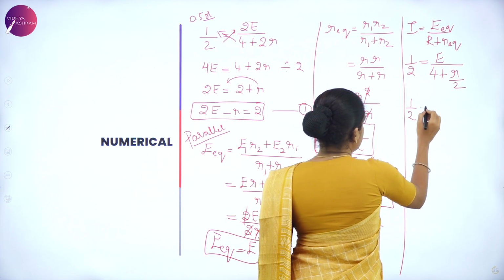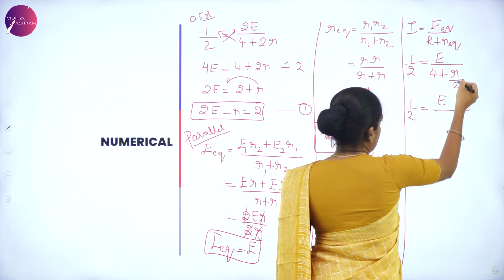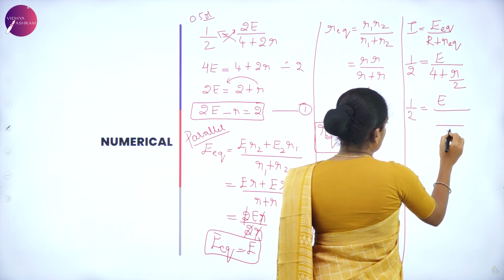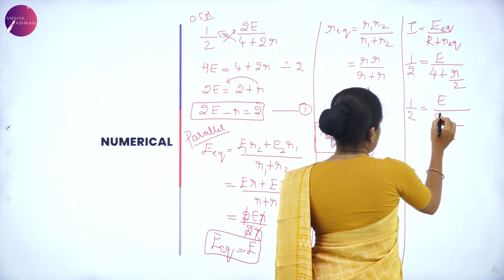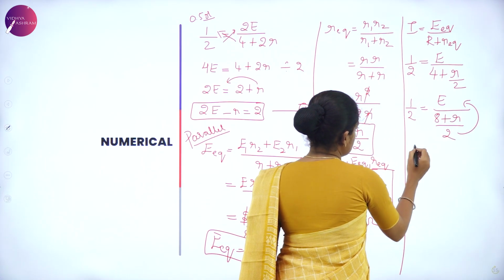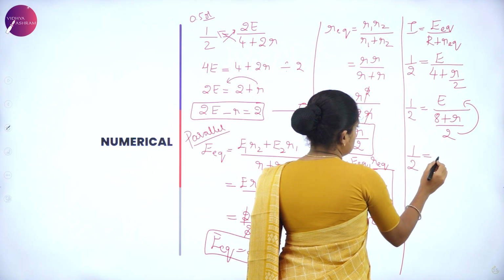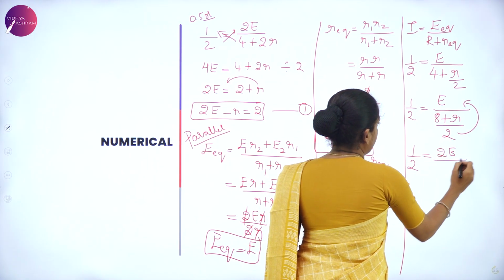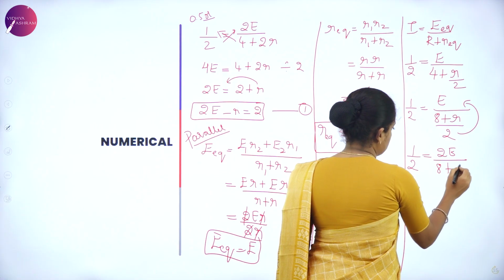Take the LCM in this, 4 plus R by 2: 4 twos are 8 plus R.